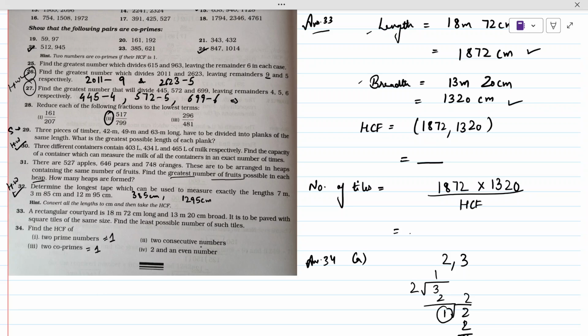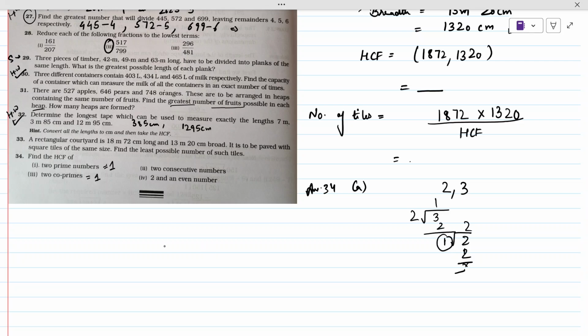Then we have two consecutive numbers. So let's do it for consecutive numbers. Let us take two numbers, 7 and 8, and let's find out their HCF. We have 7. 8 minus 7 is 1. 1 with 7 again we will do. So again this will be 1.